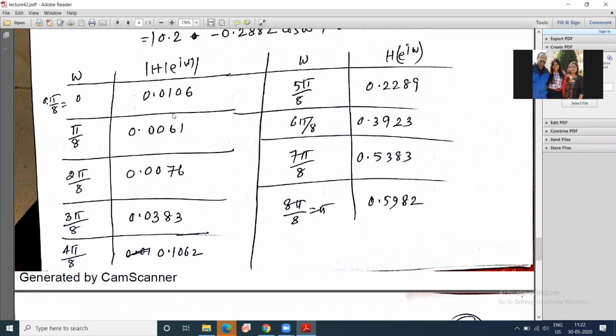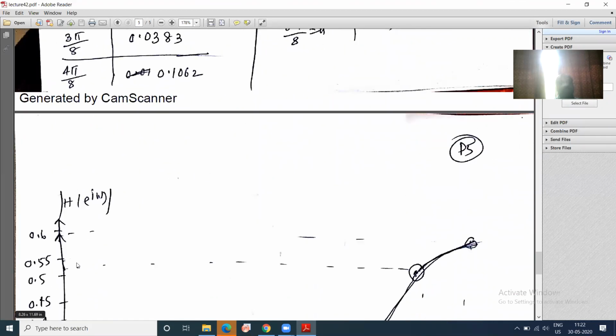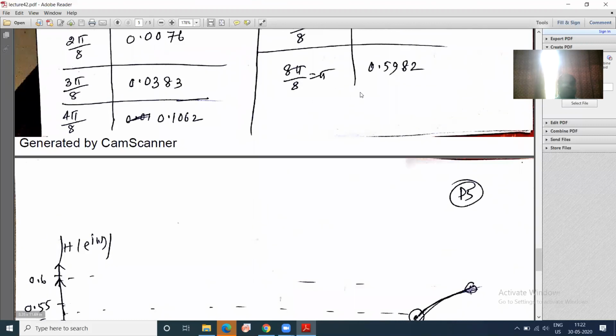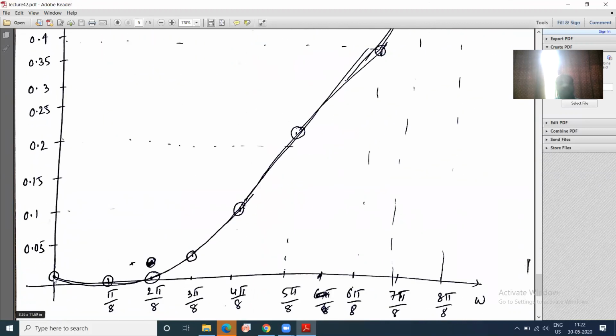In this case, you have to choose the y-axis very carefully. Now see here, the maximum value is 0.5, right? 0.59 or 0.6, something like that. So I will take the y-axis 0, and the next 10 small divisions I will take 0.05. Understood? 10 small divisions I am taking.